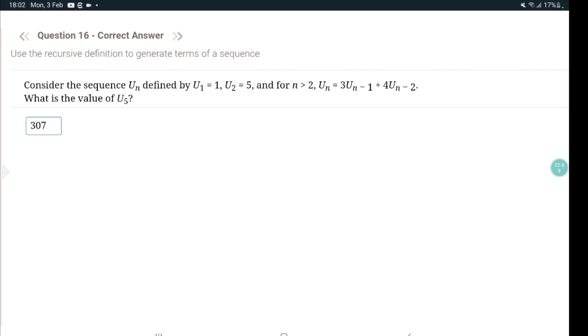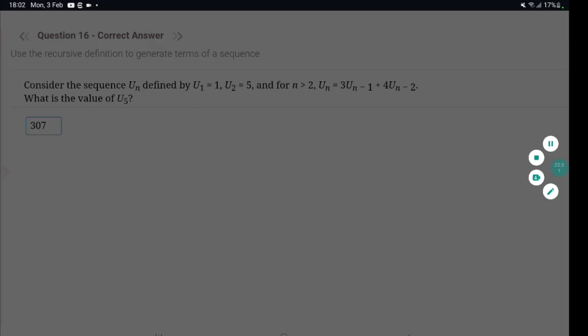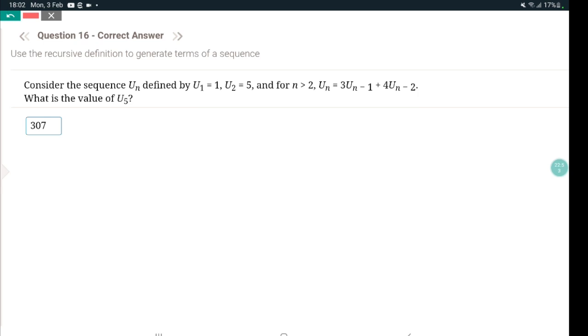Okay, so to start with this question, let's see what's given to us. Consider the sequence un defined by, they gave us u1, which is equal to 1, and u2 equals 5.